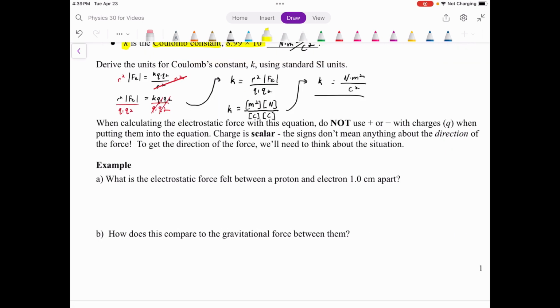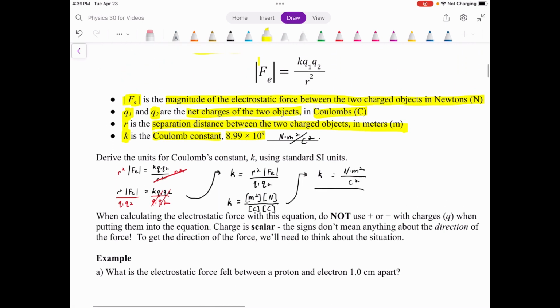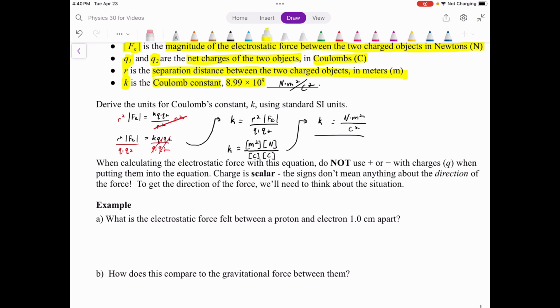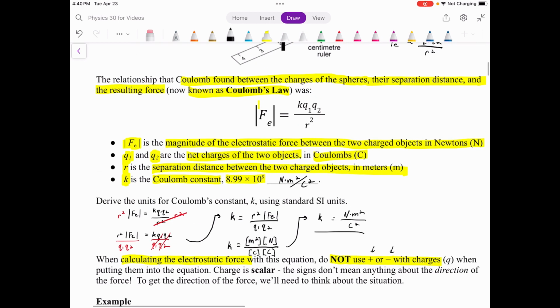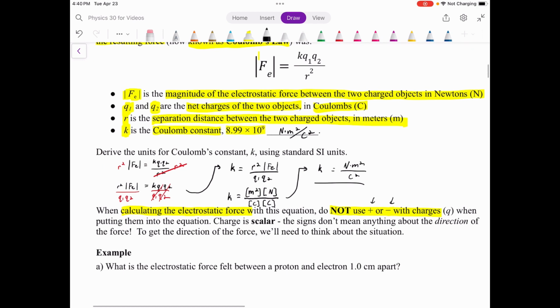All right, now very important. When you are using this Coulomb's law equation to calculate the electrostatic force between the two charges, you do not use positive or negative with those charges. Do those positives and negatives actually mean anything mathematically or in terms of direction? A negative force is a vector, so we would think of it as a force in the negative direction.